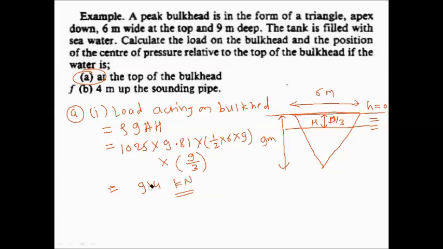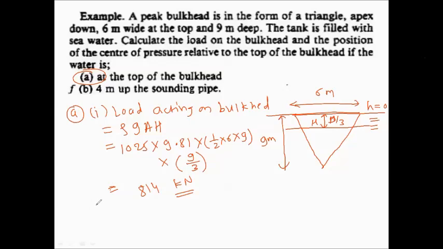So it is not 914. It will be 814 kilonewton. So like this, you can calculate the load acting on the bulkhead. Condition is a water surface at the top of the bulkhead.